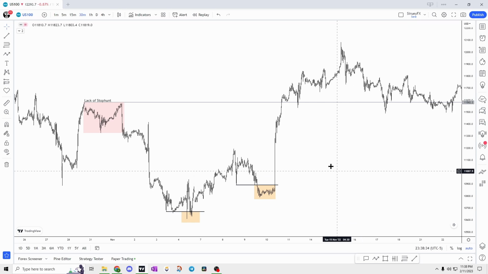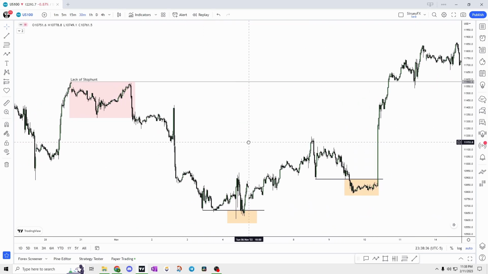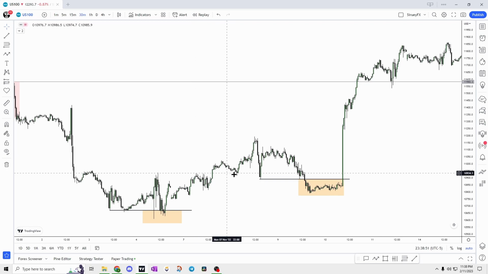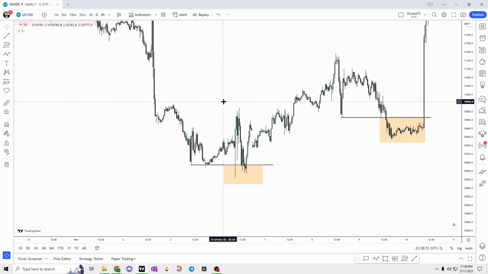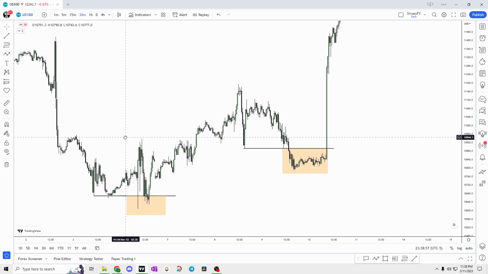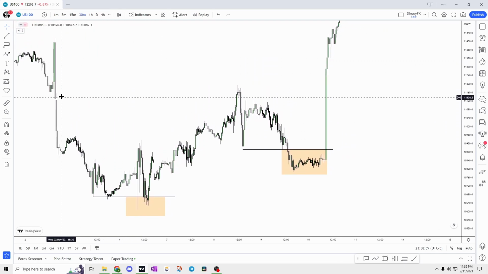I'm going to show you guys the difference in price and what price does when there is an original consolidation that is low resistance versus an original consolidation that is high resistance. Okay, the probability factor changes extremely by a lot. So let's just say that for some reason you were looking at this price action right here. Fair enough.